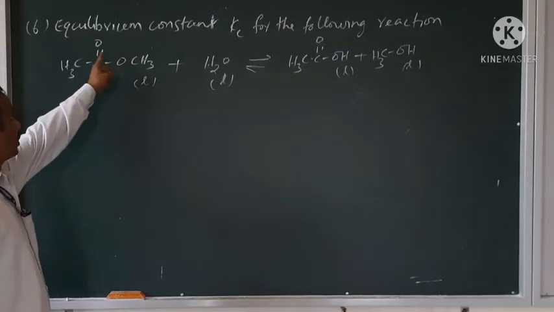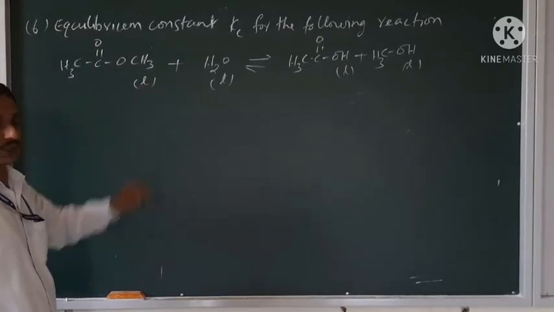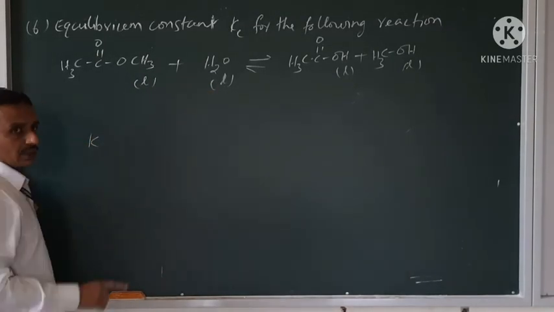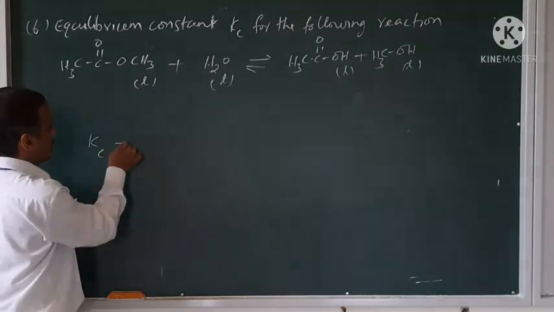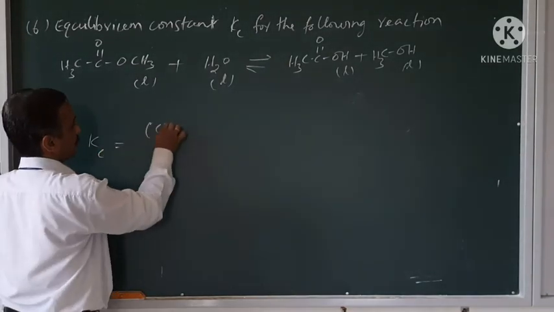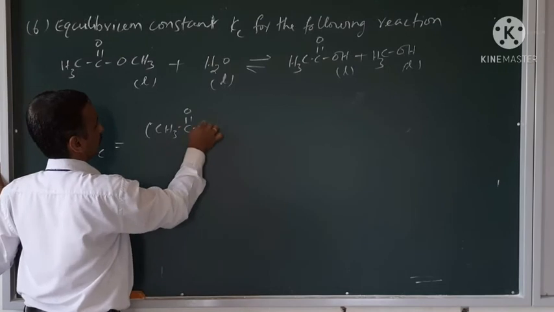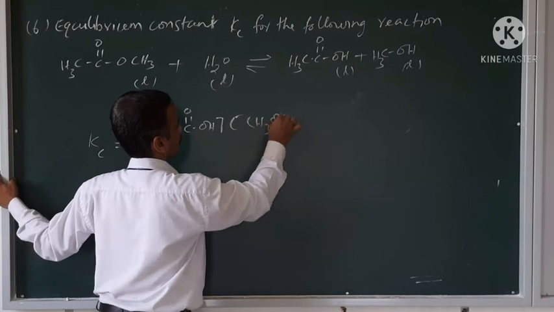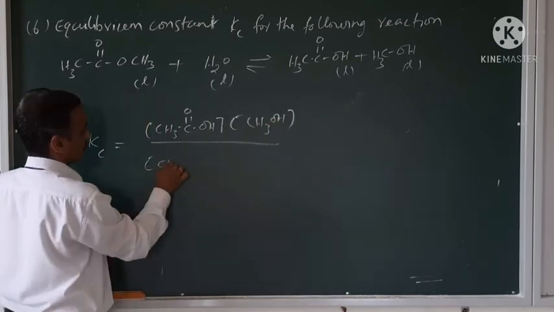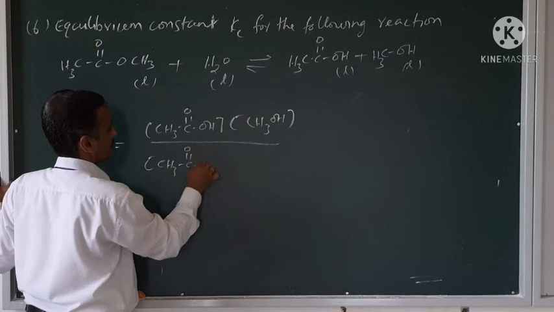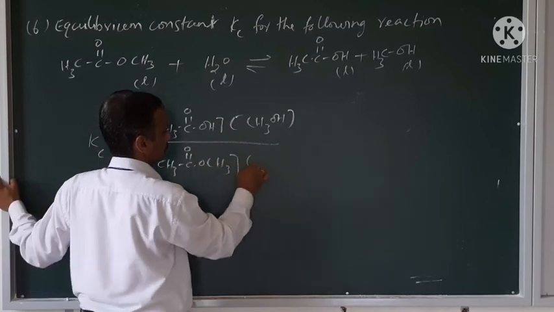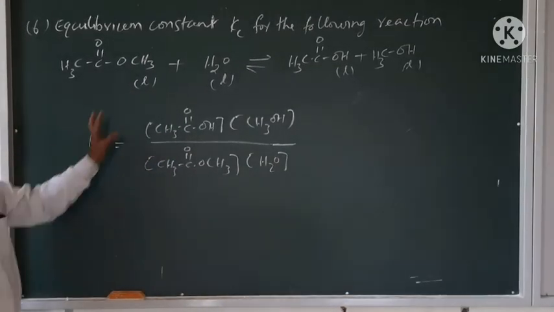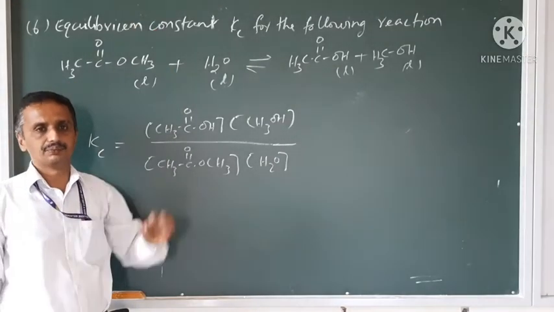Next, the equilibrium constant Kc for the following reaction. See, all are liquid, so I should not take anything as unity. So Kc is equal to CH3COOH concentration into CH3OH concentration divided by CH3COOCH3 concentration into water concentration. Here we are not taking any as unity.